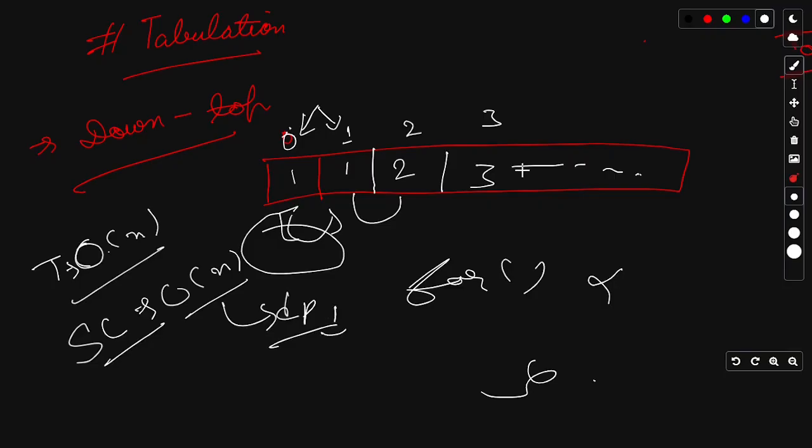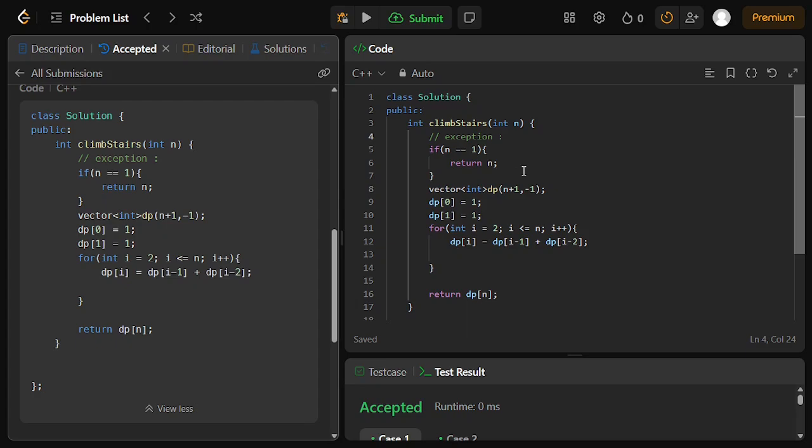We can even reduce the space complexity to just a few variables, previous and previous to and current. We can have a pointers strategy. By altering this code, we can even reduce the space complexity.